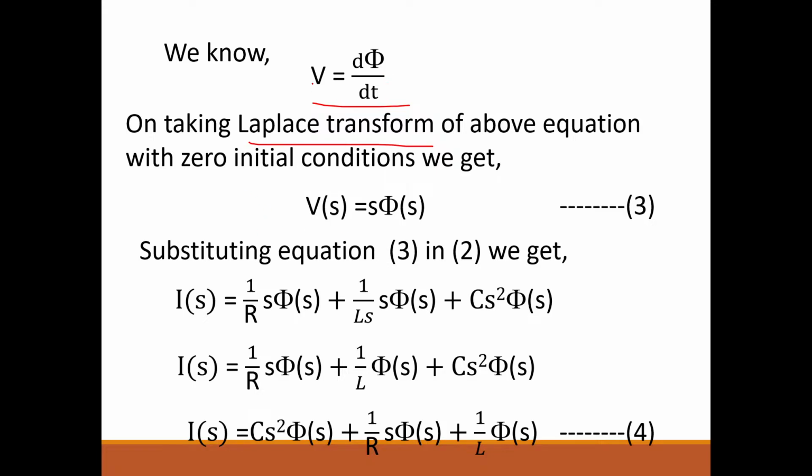First of all, convert V equal to d phi by dt into Laplace form. V will become V of S, and phi will become S into phi of S. So V of S is equal to S into phi of S. Now substitute this S phi of S in the above equation 2.